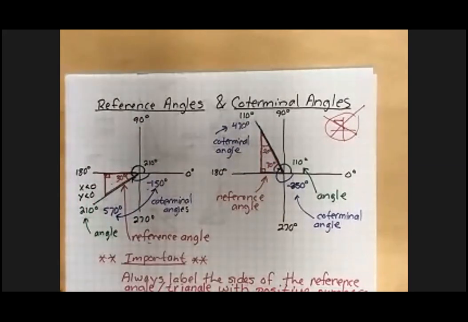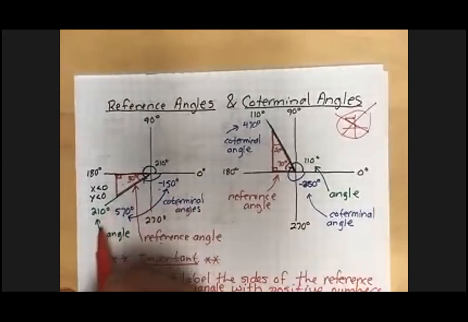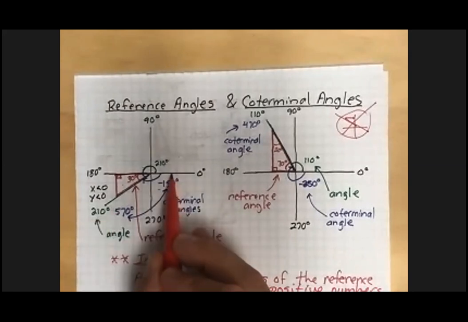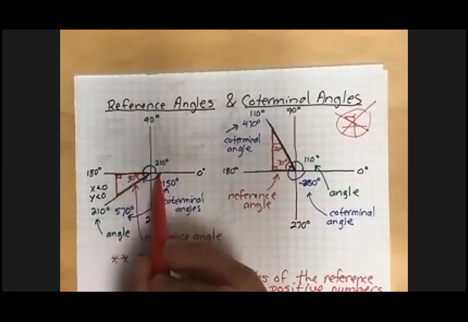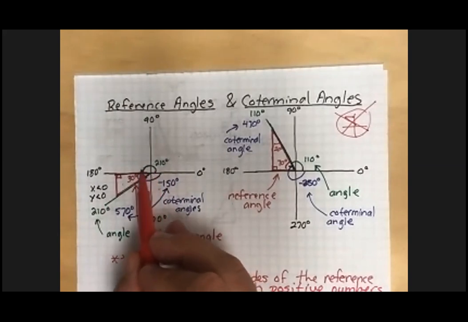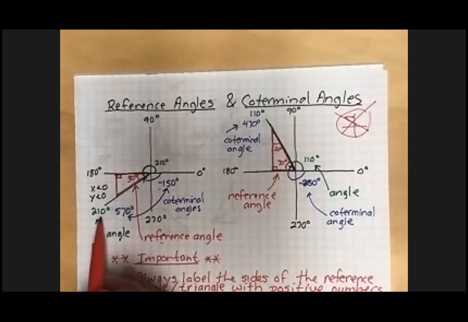Now, one more terminology. I could talk about 210 degrees, 30 past 180, or I could spin once around and come back to 210 degrees, I could add 360. That would be 210 plus 360 is 570.